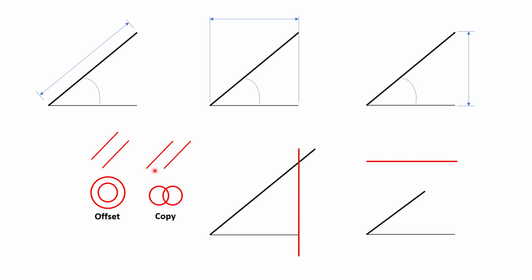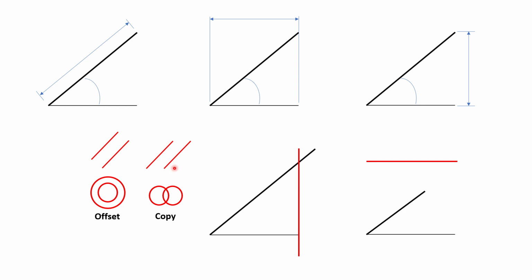Copy, however, works very well with an X direction and Y direction. So if this is X, you can only do it this way. If you want to copy it at an angle down, like this angle down, you will need to know the exact angle of this line and find out what that angle is and then copy it.